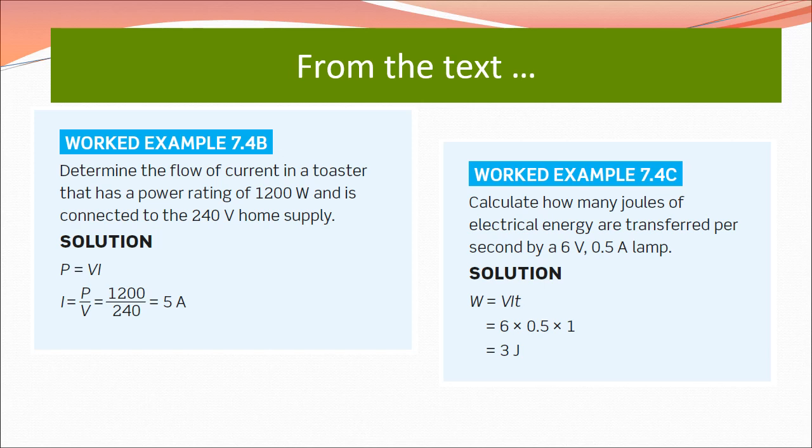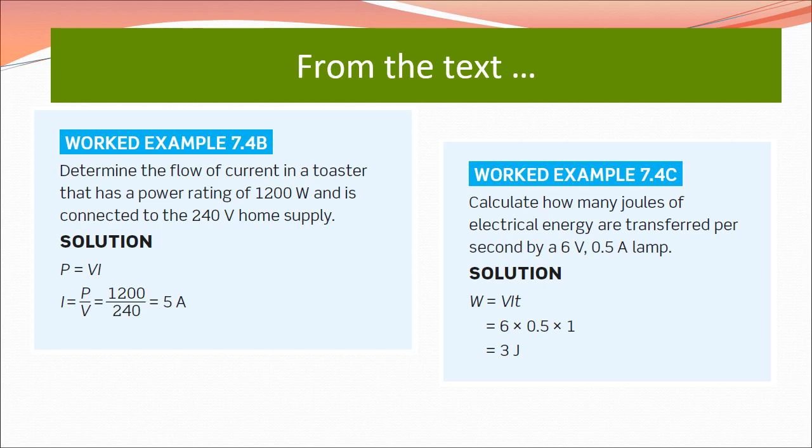So it's kind of erroneous to multiply by 1 second at the end there, because 6 volts times 0.5 amps would give us 3 watts of power. And if we have 3 watts of power over a 1 second period, then that's obviously going to be 3 joules of electrical energy.